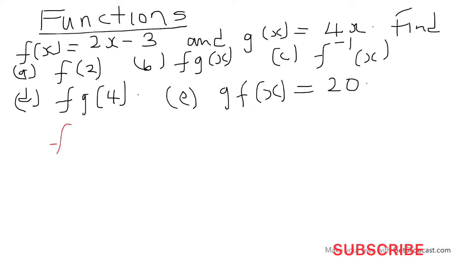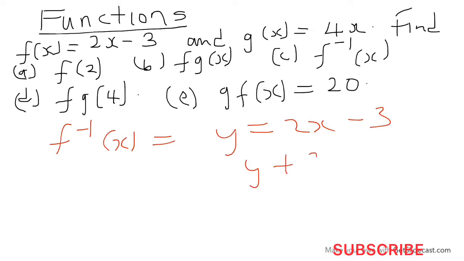C says the inverse of f of x. So if you want to find the inverse, you need to introduce y, where there's f of x, to leave x alone. So we need to take what doesn't have x, and what has x, we leave it alone. Therefore, we need to divide by 2, divide by 2.